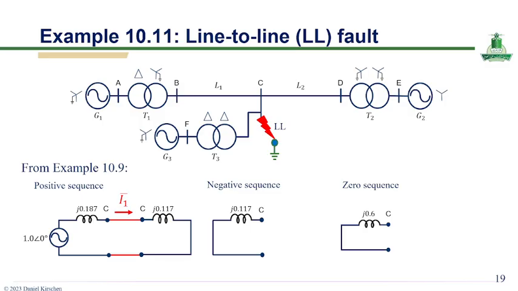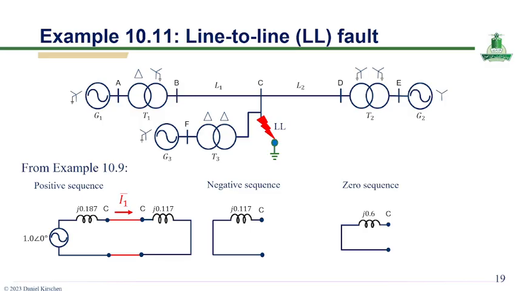For a line-to-line fault, only the positive and negative sequence networks are involved, while the zero sequence network is not part of the fault path due to the absence of ground current.